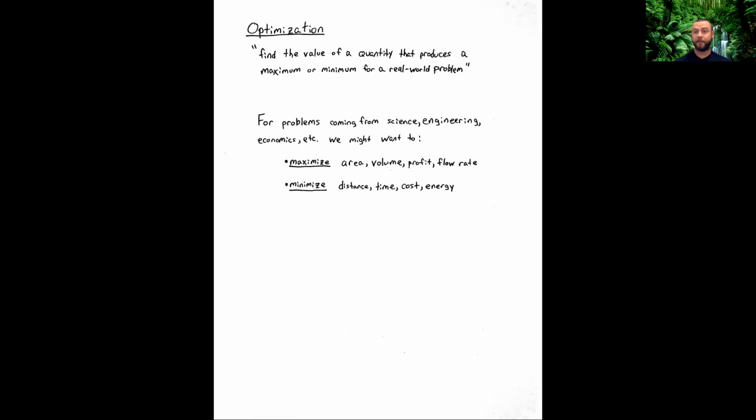If we're producing something in a factory setting, we would want to produce things while minimizing the cost of production. And if we're dealing with topics in physics and chemistry, we might be interested in a reaction or something that evolves in time that minimizes the energy involved.